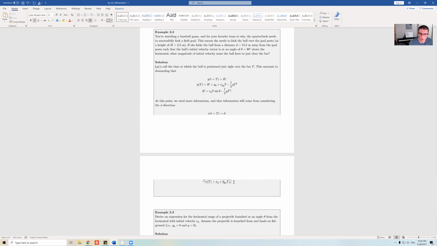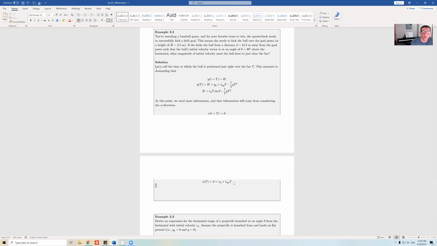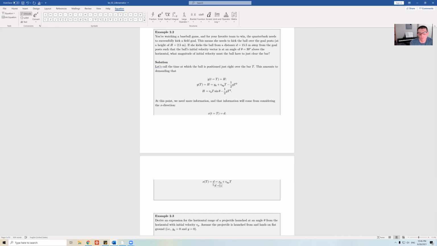And then actually I should put one more thing here. Remember that we're demanding that this is equal to D, right? That's sort of the crux of this argument. And so we can rewrite this equation now. Remember x naught, we said that that was just going to be 0 because we can always, to reiterate, choose our origin to be where we want it to be, as long as we're consistent with that choice.